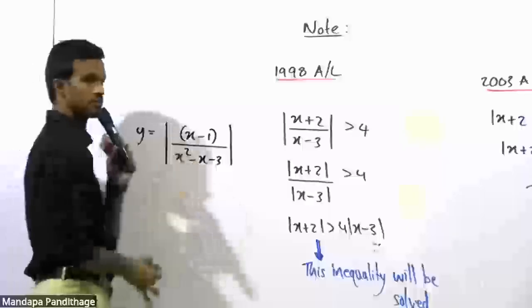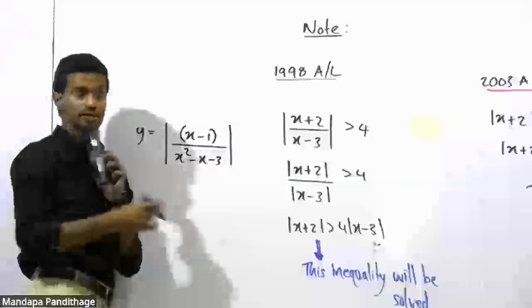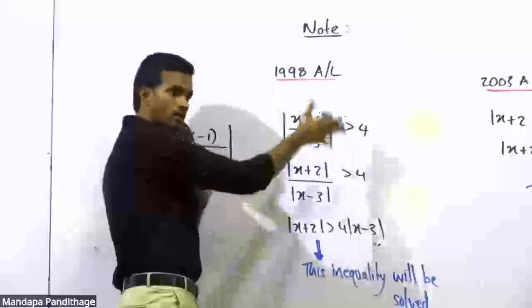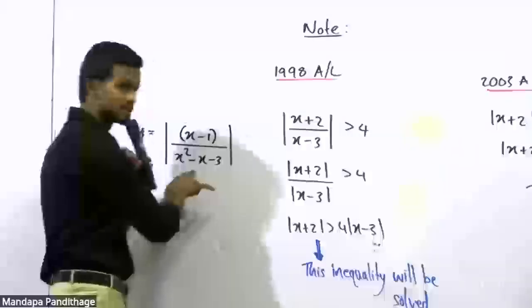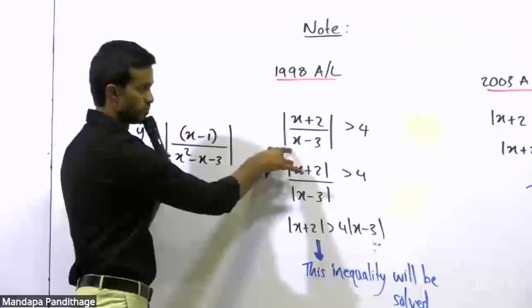So we will be coming up to that stage, but not today. If I say that mathematically you can't draw this, that is wrong. You can sketch this, and this is a simpler version.